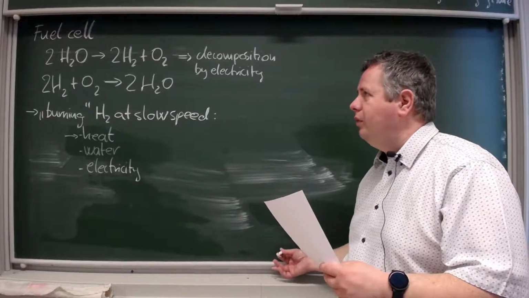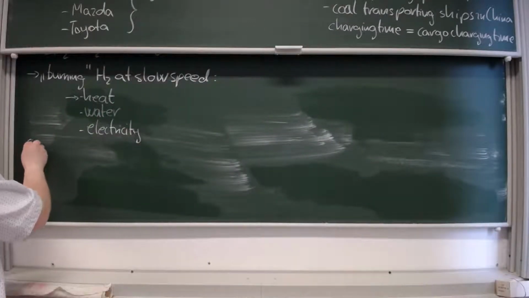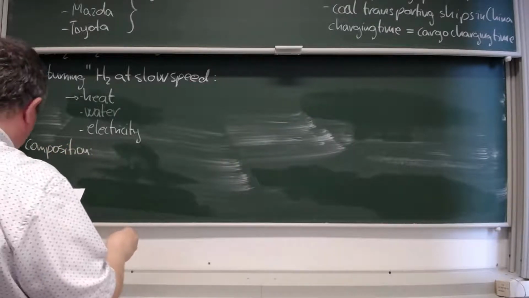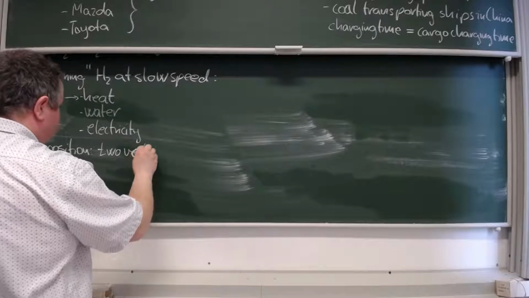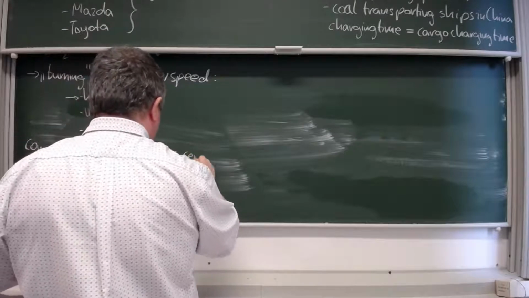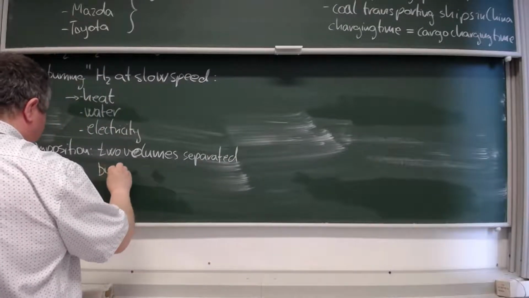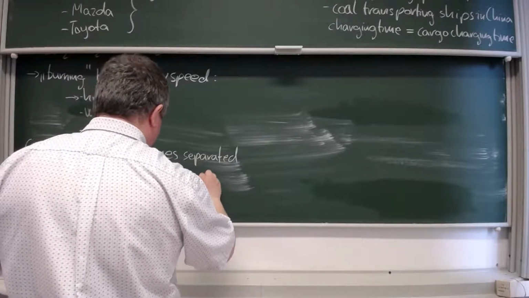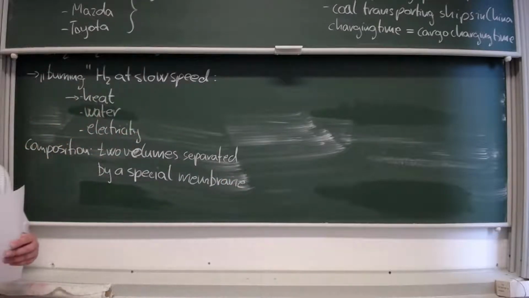So the composition of a fuel cell is such that you get 2 volumes, two compartments separated by a special membrane, and the composition of this membrane is very important.